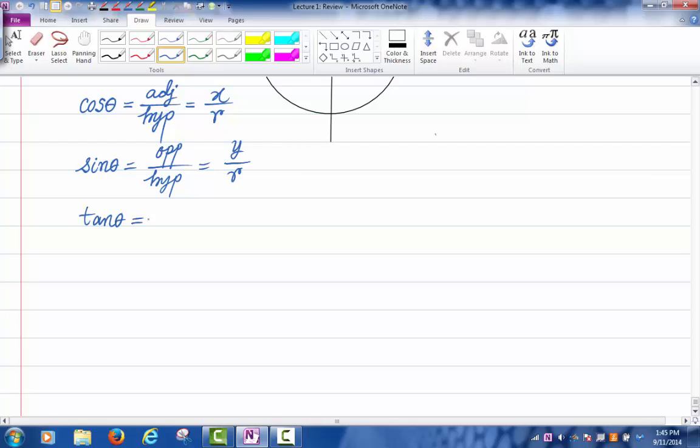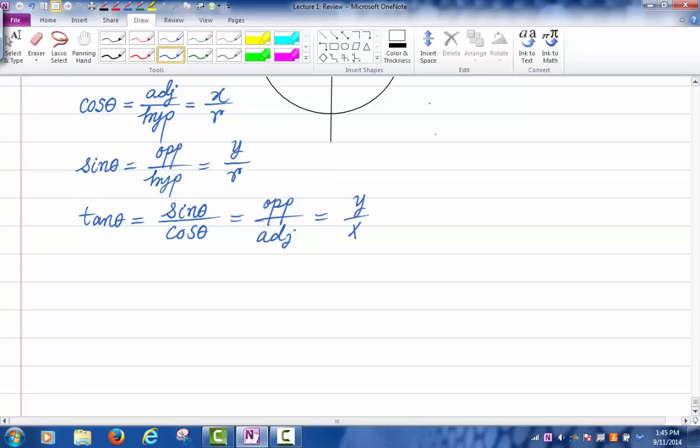Tangent of theta, by definition, is the ratio of sine theta over cosine theta, which is the same as opposite over adjacent, which is y over x.